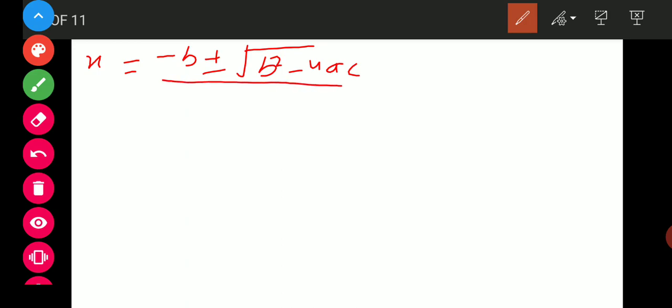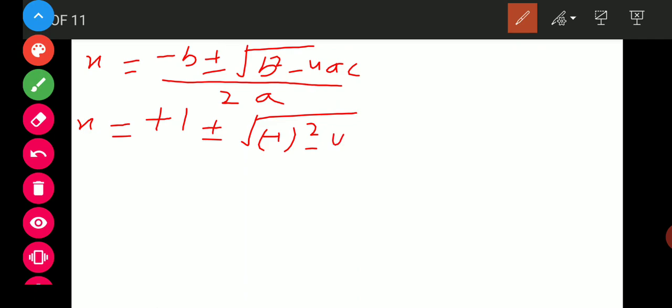For x, the formula is x is equal to minus b plus minus under root of b square minus 4ac, divided by twice of a. Now put the values of a, b and c. So x is equal to, b is -1, so minus minus plus 1, plus minus under root of -1 whole square minus 4 into a is 1 and c is -7, upon twice of a, so 2 into 1.